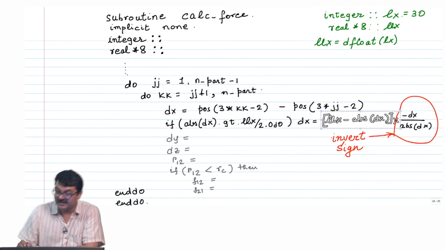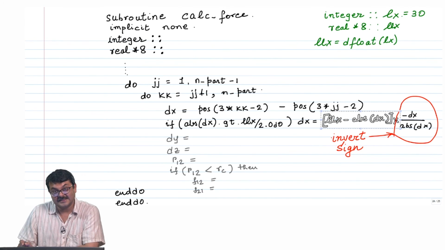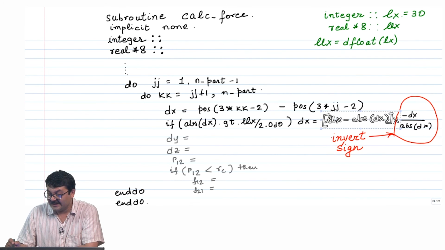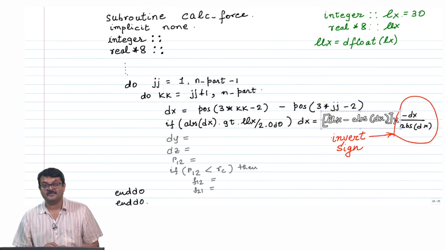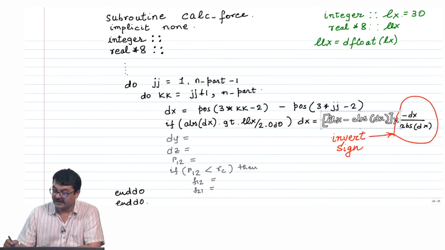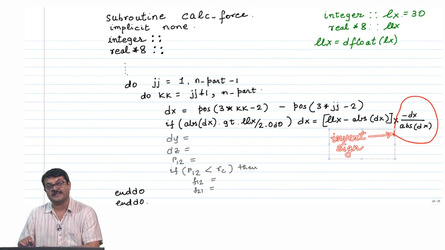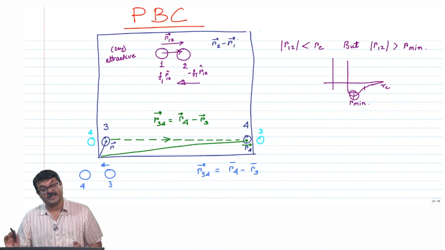So you really need to take the absolute value of dx, and this is the correction for the appropriate distance. Multiplying by dx over absolute dx with a minus sign basically changes the direction of the vector. So if you have to invoke the minimum image convention, you have to correct and invert the sign of the vector as well to calculate the forces correctly.